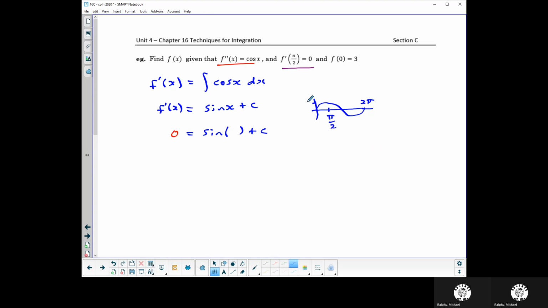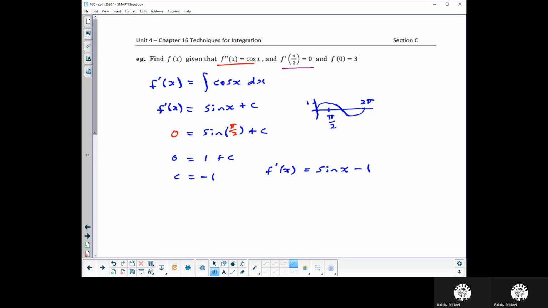And we know that that gives us a y value of 1. So we have pi by 2 substituted in for x there. So we've got 0 equals 1 plus c, and therefore c equals negative 1. So f prime of x, the first derivative, is going to equal sine x minus 1.